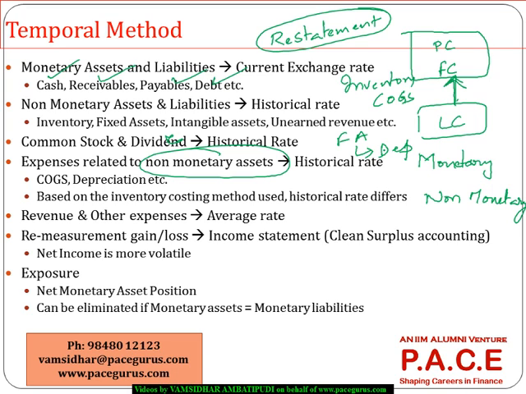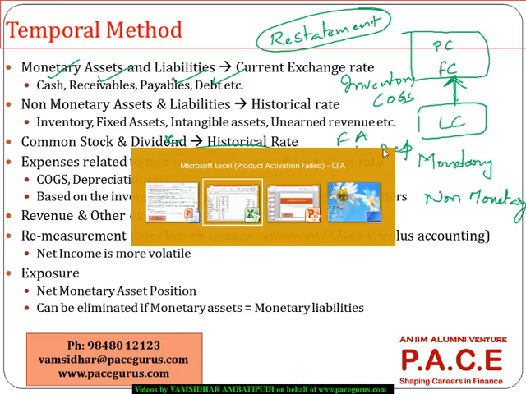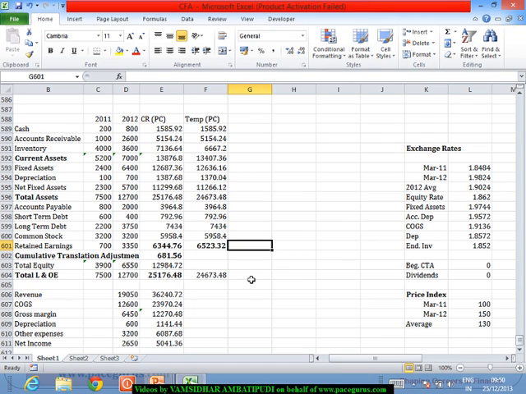So whatever income statement elements correspond to non-monetary assets, we again follow their historical rate, the rate at which they were acquired. That is what we deal with in the income statement, especially for those elements related to non-monetary assets and liabilities.